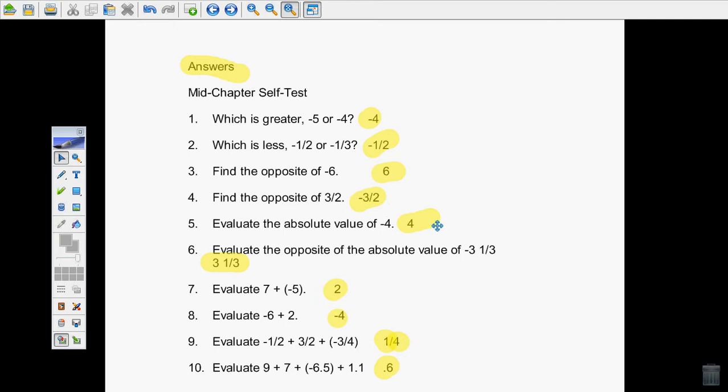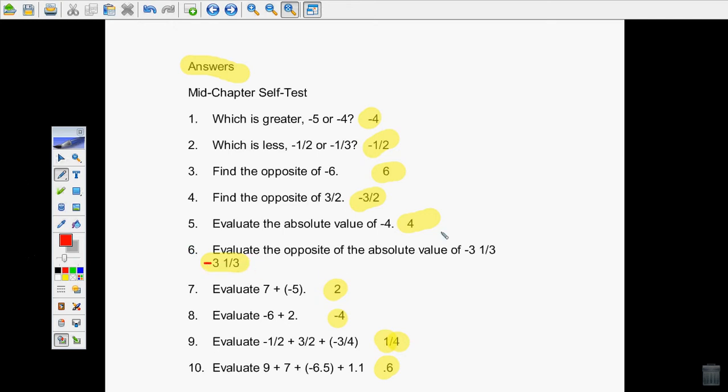The absolute value of a -4, which typically we would have the straight lines on either side, but even in Word version you should know that the absolute value of -4 would be a +4. But then in number 6, when you are asked to evaluate the opposite of the absolute value of -3 and 1/3, you should have actually still got that negative in front.